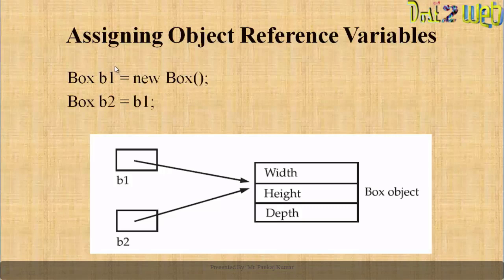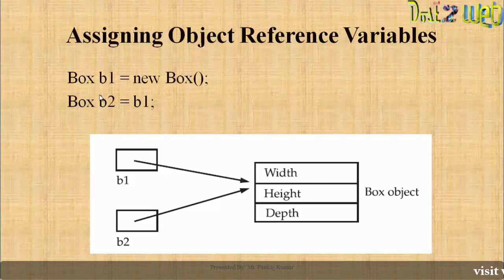So you have created one reference for the Box, and in the next step you are assigning b1 to b2. Whatever instance variables are in b1, that will be copied into b2. So whenever any change happens in the b1 instance variable, it is going to affect b2, because you are copying the b1 instance variable into b2.